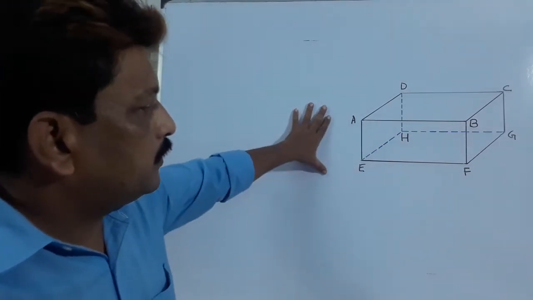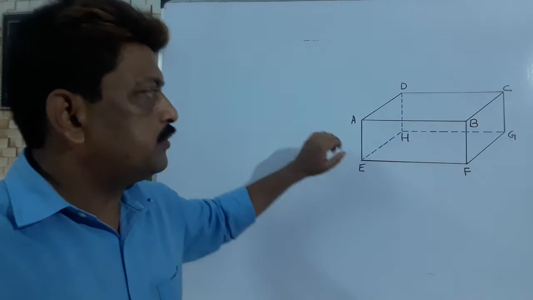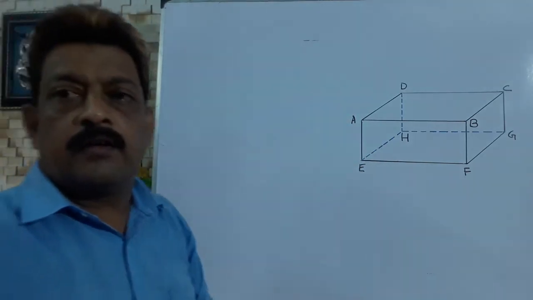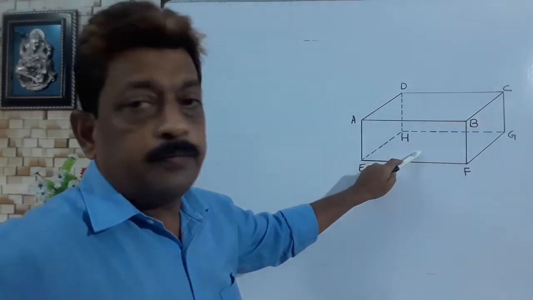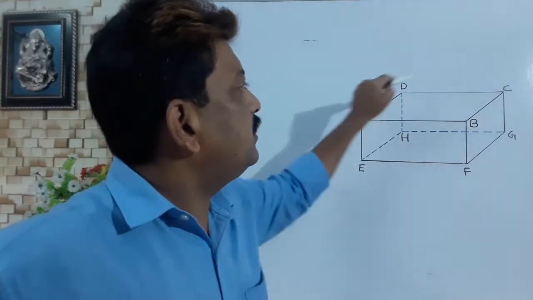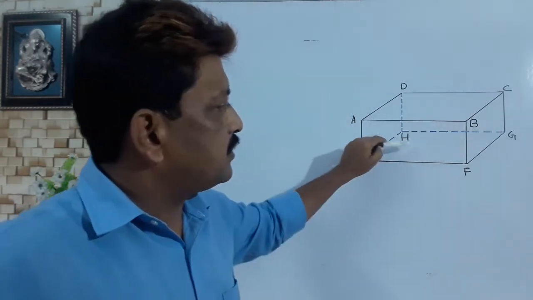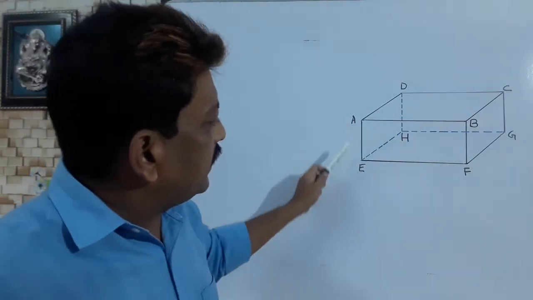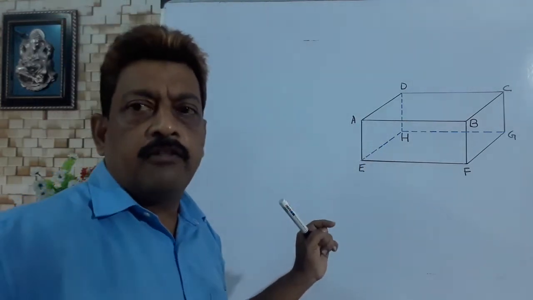So here is a cuboid. As you can see, it is a solid figure and it has 6 rectangular faces. One on the top, one on the bottom. That is ABCD is the top rectangular face. EFGH is the bottom rectangular face. Then AEHD is the left rectangular face.